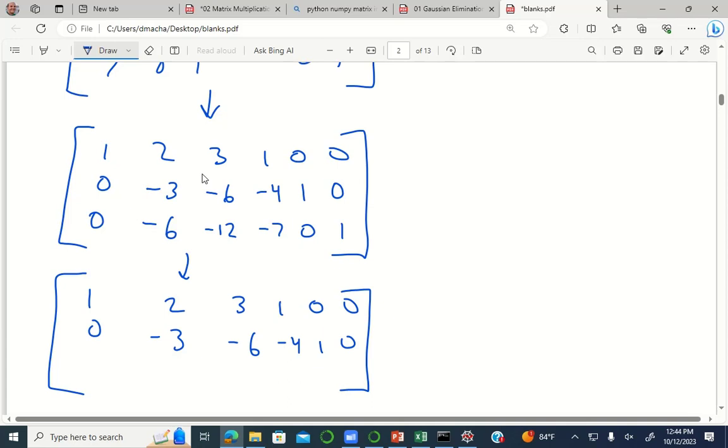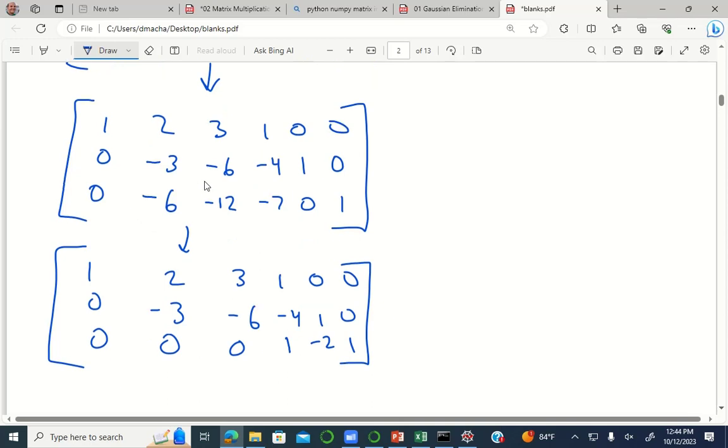So third row minus 2 times the second row: 0 minus 2 times 0 is 0. Negative 6 minus 2 times negative 3 is also a 0 like I want, but then negative 12 minus 2 times negative 6 is 0. Negative 7 minus 2 times negative 4 is going to be 1. Negative 2 and 1. Okay.